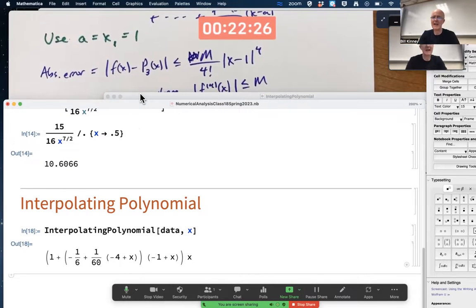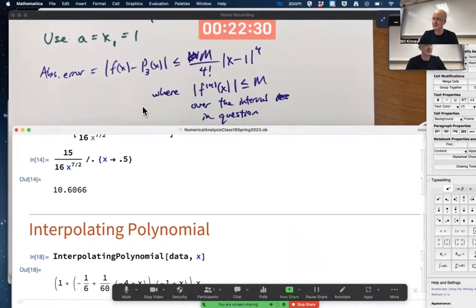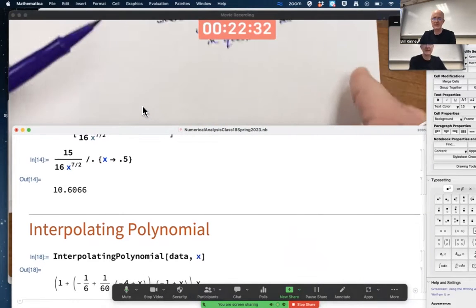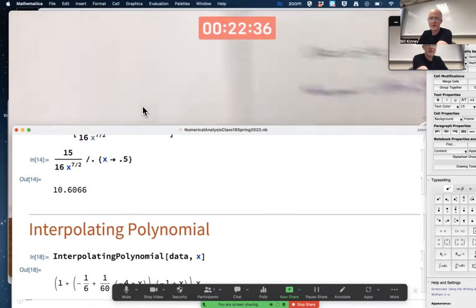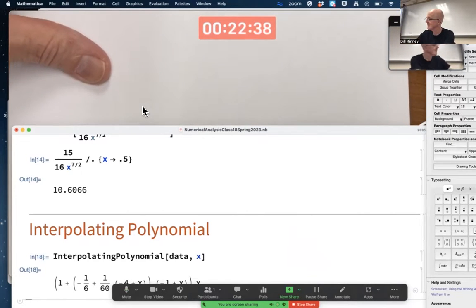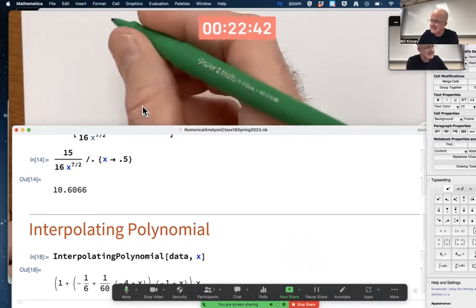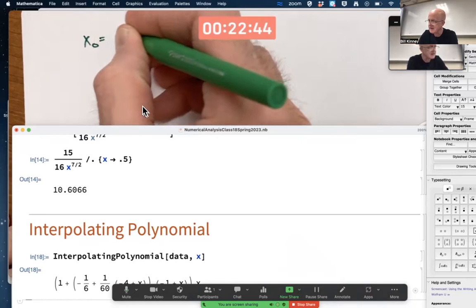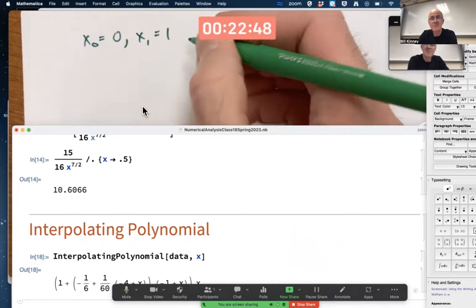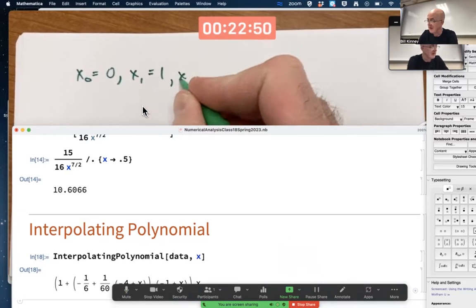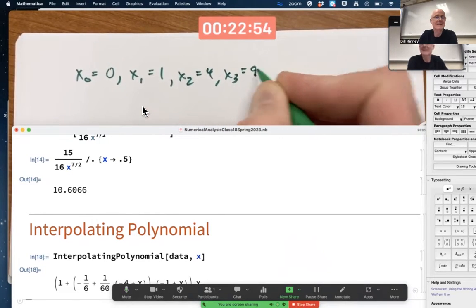How would we write this by hand? So now I'm using all 4 nodes. Using a piece of paper. X0 again is 0, X1 is 1, X2 is 4, and X3 is 9.